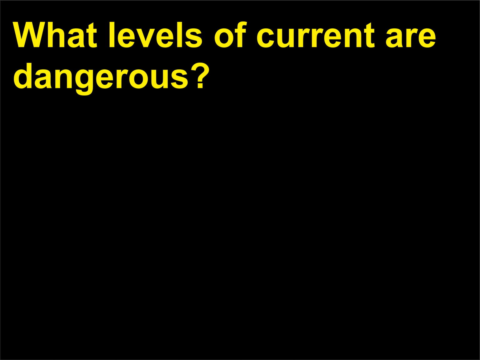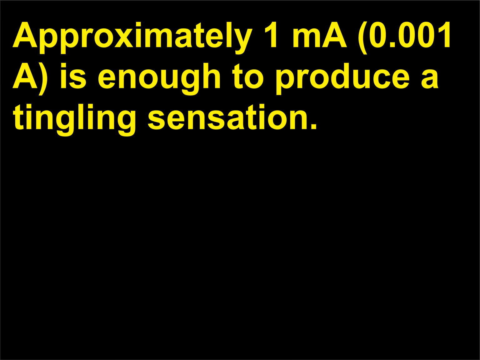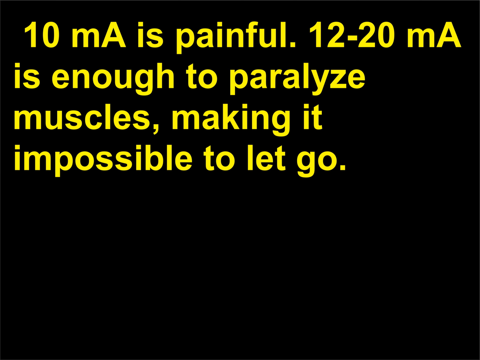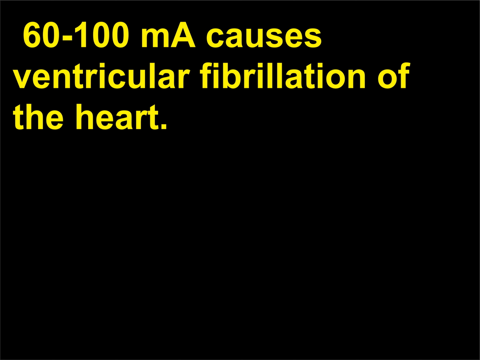What levels of current are dangerous? Approximately 1 mA, 0.001 A, is enough to produce a tingling sensation. 10 mA is painful. 12 to 20 mA is enough to paralyze muscles, making it impossible to let go. 60 to 100 mA causes ventricular fibrillation of the heart.